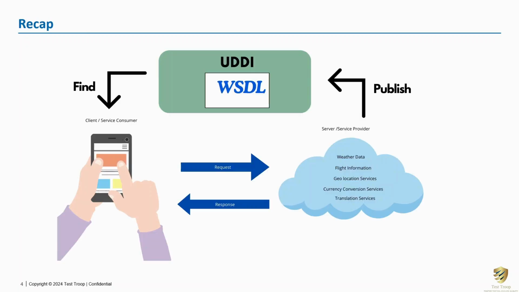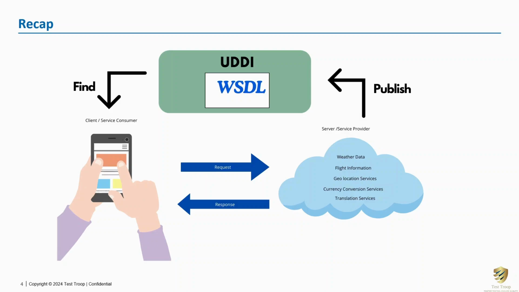Bit of a recap. In the last session, we explored WSDL and UDDI. WSDL stands for Web Service Description Language, which is basically an XML-based document that outlines the entire functionality exposed by a web service. Generally, the service provider publishes this WSDL document into a registry, which is called UDDI.